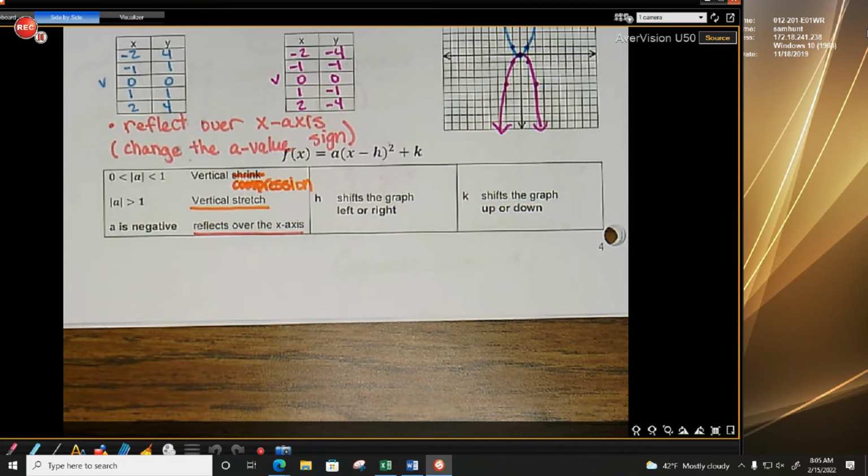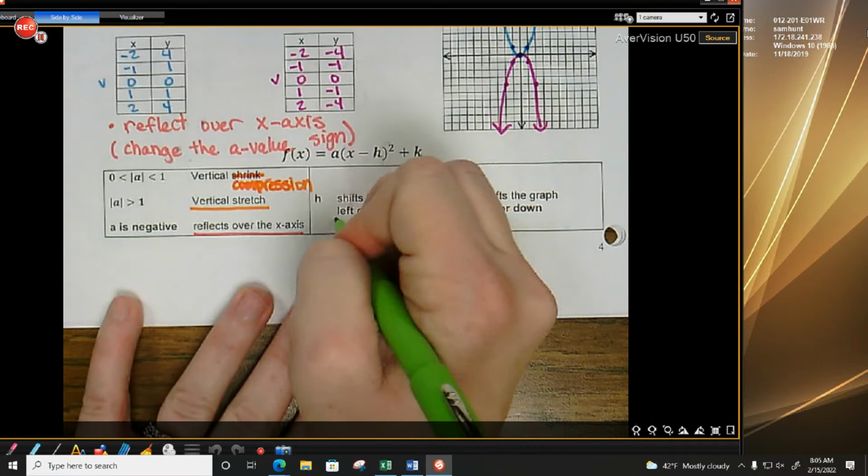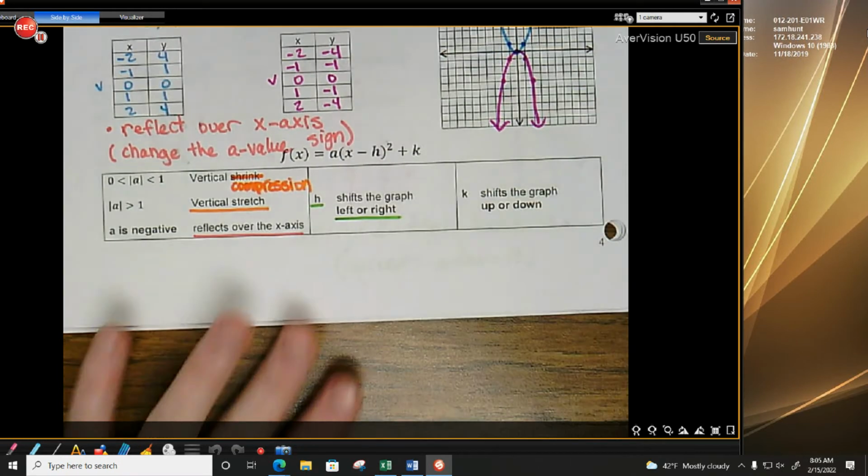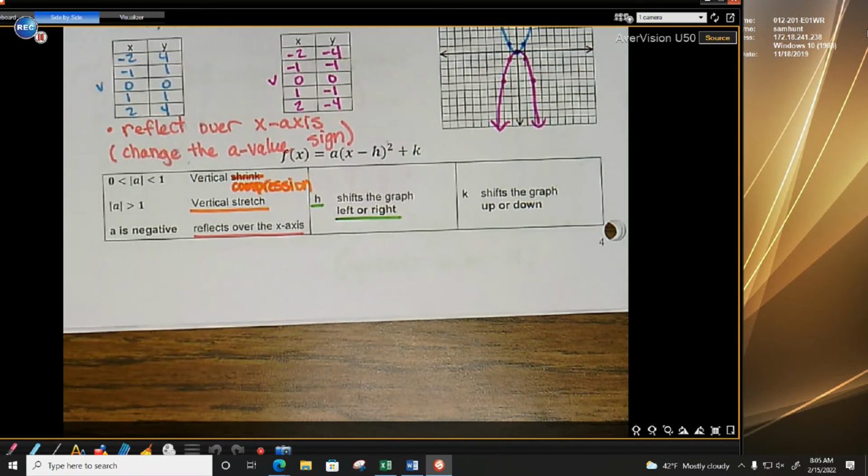Then h shifts you right or left. If h is positive, you go right. If h is negative, you go left. Say it again. Right or left. Negative's left, positive's right.